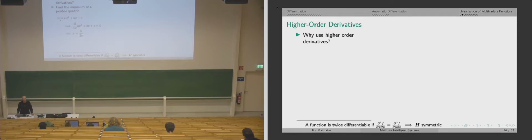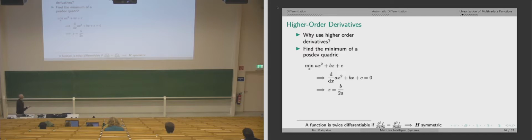But in general, we might want to use higher order derivatives. And just to get an intuition of why this is the case, suppose that you want to minimize a quadratic like that. So you have a times x squared plus bx plus c, and you want to find the minimum with respect to x. Of course, this is again a convex function.